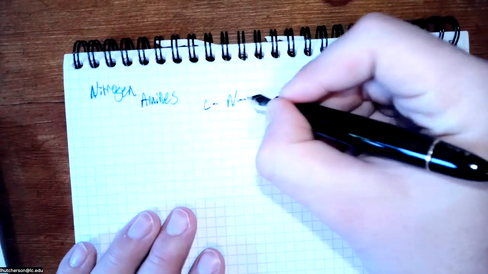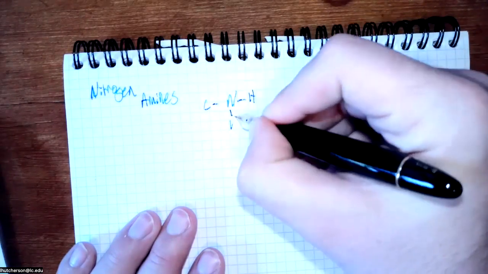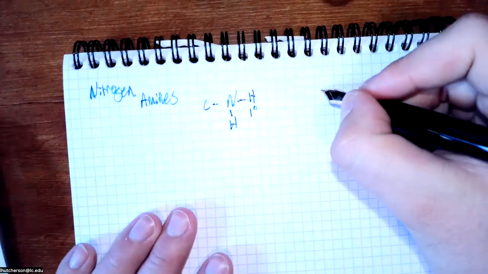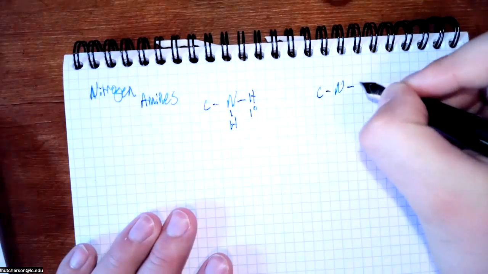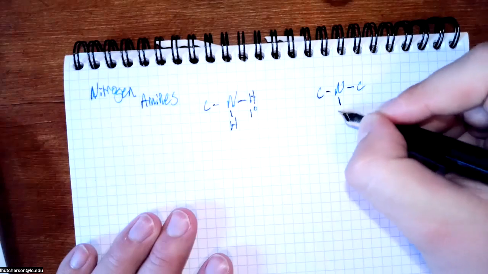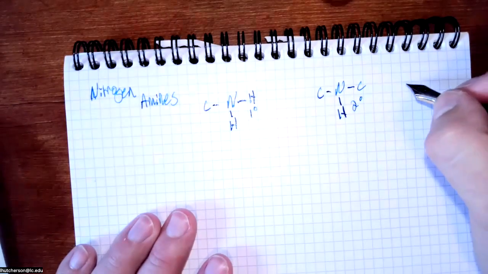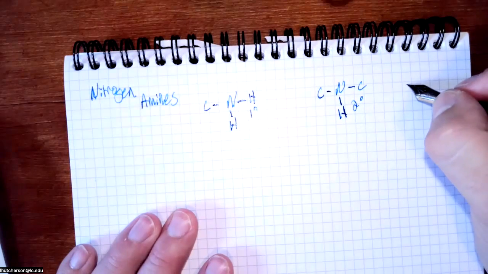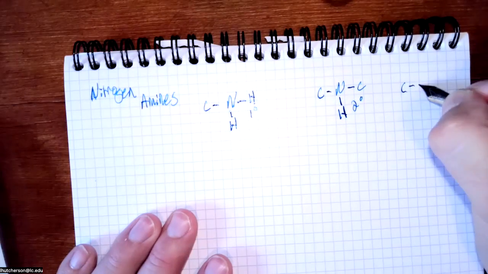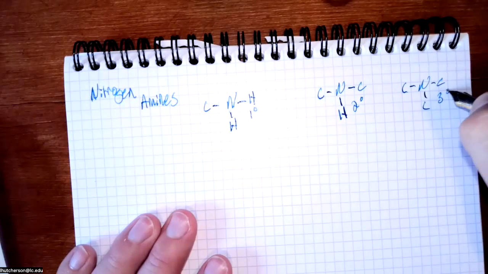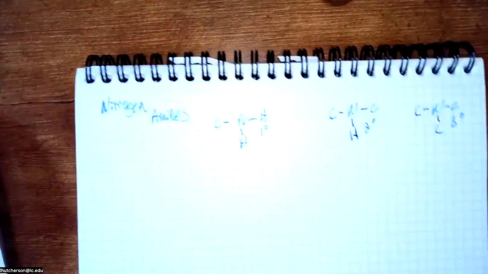That nitrogen can be bonded to two hydrogens, in which case this is a primary amine. It can be bonded to one carbon and one hydrogen, which would make this a secondary amine, or it could be bonded to 3 carbons total. That makes this a tertiary amine. All right.